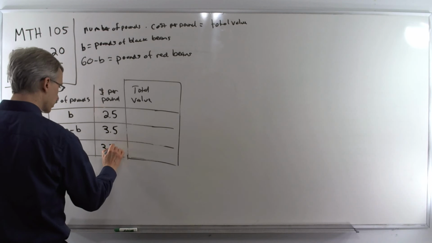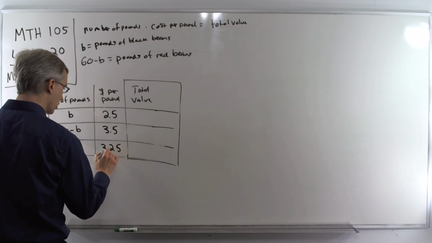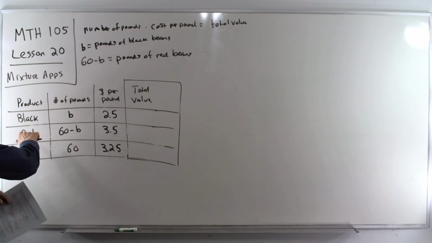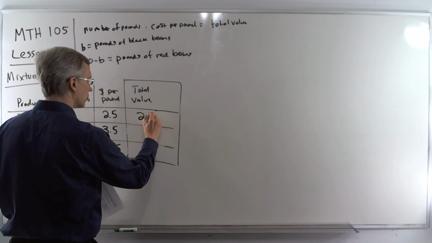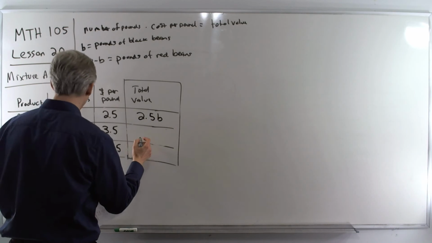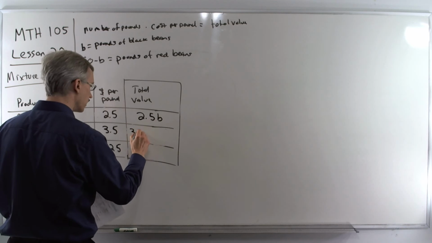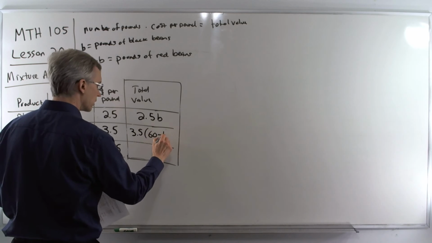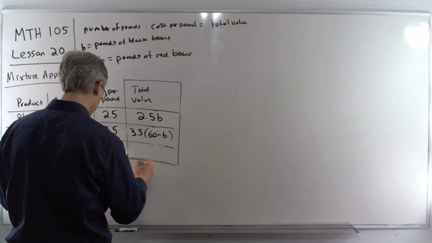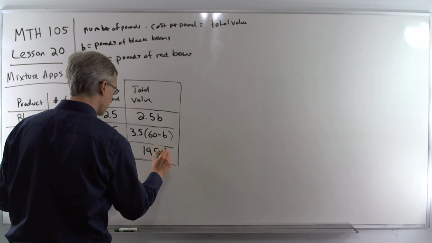And we know the mix is going to cost $3.25 per pound. Now to find the total value, we'll multiply straight across. 2.5B, 3.5, we'll distribute that into 60 minus B. And then here we got 60 times 3.25, that is 195.